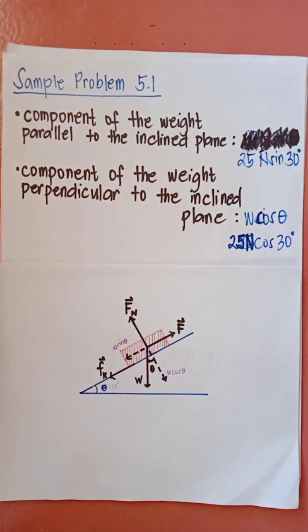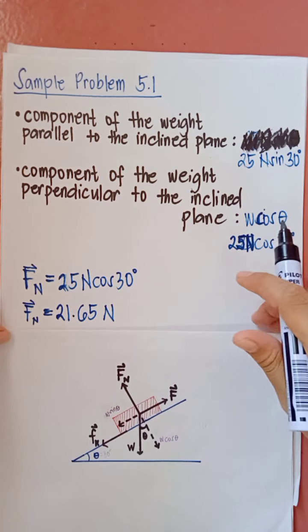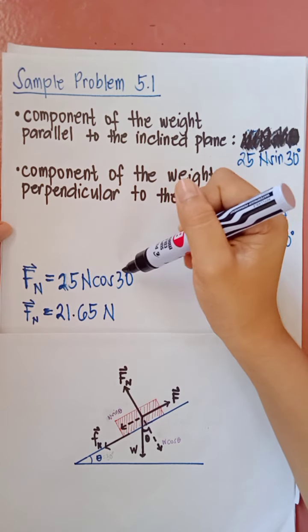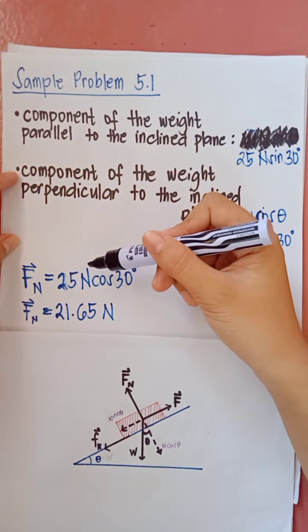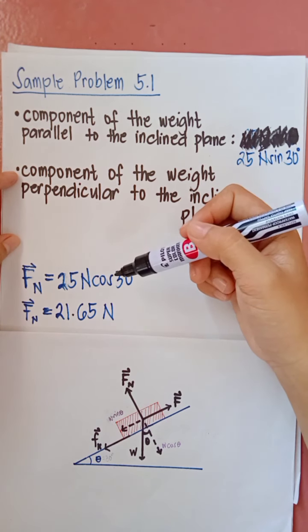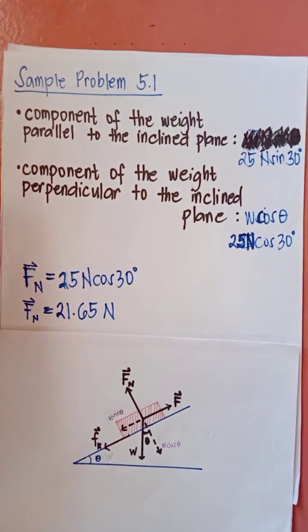Now since there is no acceleration along the axis perpendicular to the inclined plane, it follows that F sub n is equal to W cosine theta, or 25 newtons cosine theta. 25 newtons multiplied by cosine theta, we get 21.65 newtons, and that's the value for the normal force.